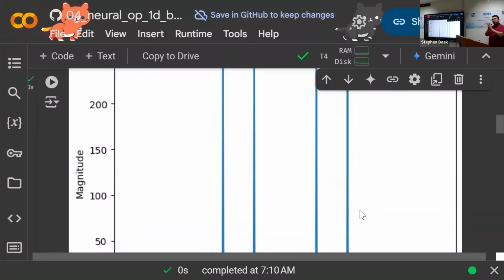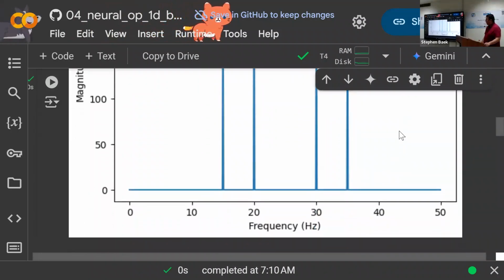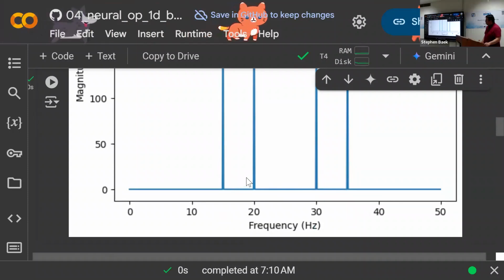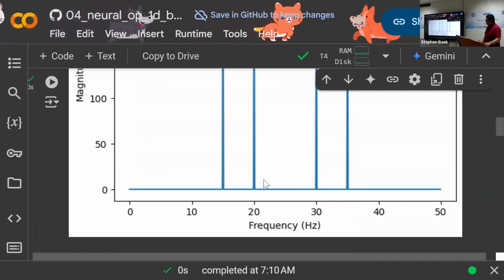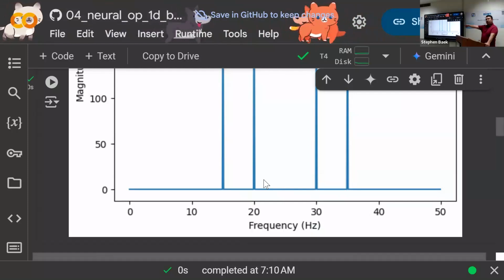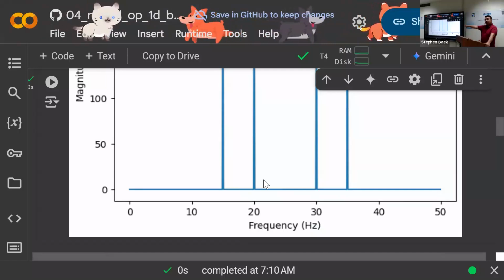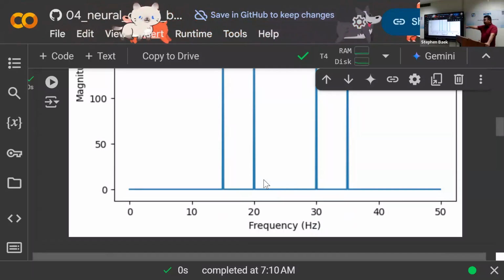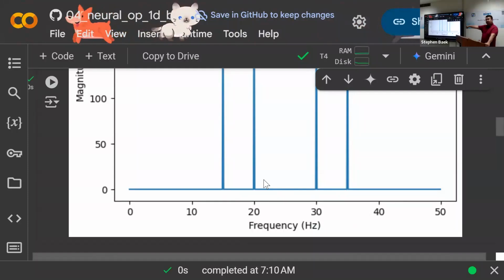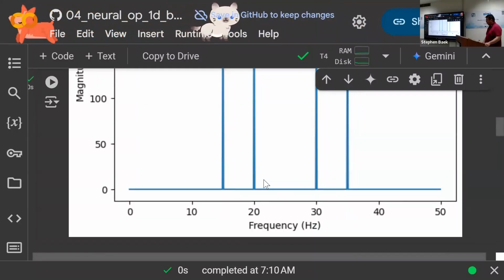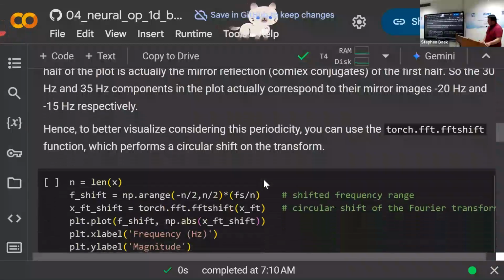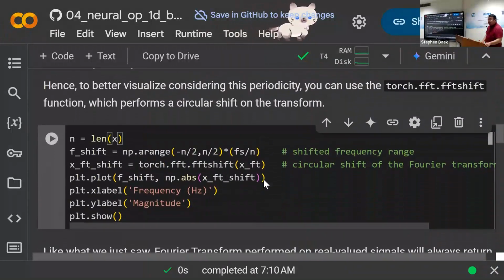And because of that imaginary component, we usually have the mirror image of the result if you just naively apply FFT. So these two, obviously 15 hertz and 20 hertz, are the actual frequency components that we calculate from fast Fourier transform. And because of the way that we plot, the imaginary numbers actually capture the mirror image of those two.